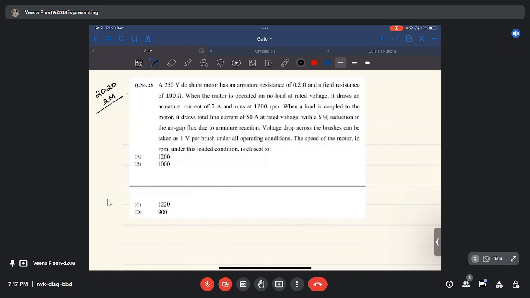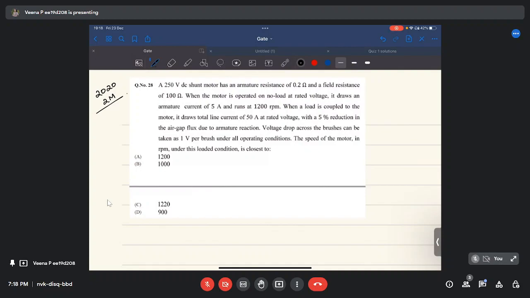When a load is coupled to the motor, it draws a total line current of 50 ampere at rated voltage with a 5% reduction in the air gap flux due to armature reaction. Voltage drop across the brushes can be taken as 1 volt per brush under all operating conditions. The speed of the motor in RPM under this loaded condition is closest to.